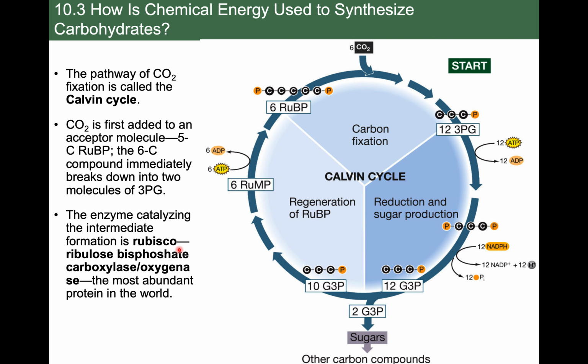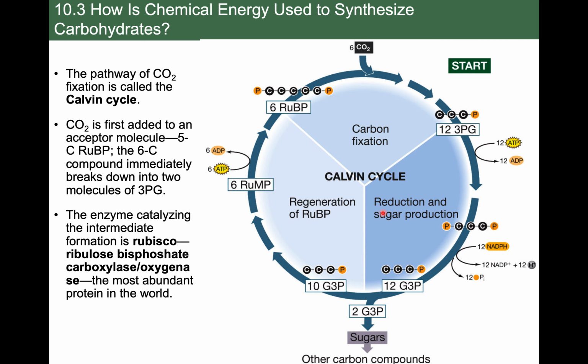But this is so important that there's more rubisco than any other protein in the world. And again, what Rubisco is doing is it's grabbing CO2 and it is bonding it to these molecules of RuBP that get split in half. So we end up with these little three carbon molecules essentially at the end of carbon fixation.